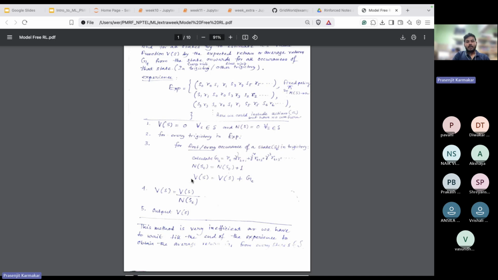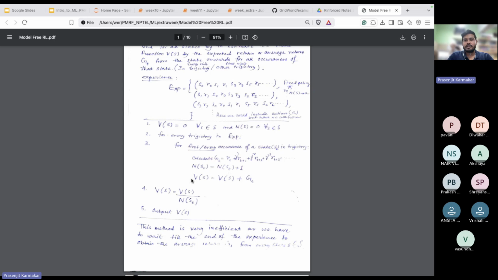So you don't have to store the entire experience together. You just store one trajectory to compute its corresponding returns and update the representation. That would be efficient in terms of memory utilization. You can update your value estimate just after seeing one trajectory.